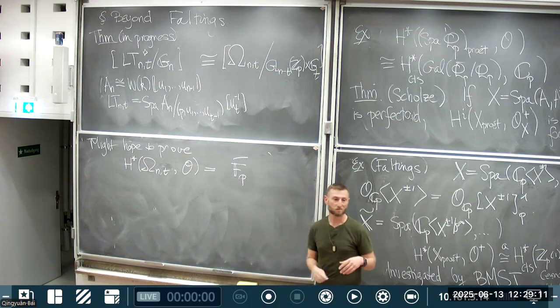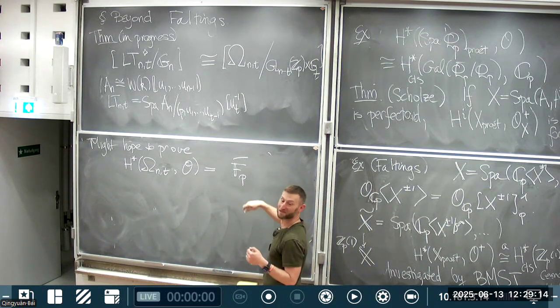Meaning no higher cohomology, and the zeroth cohomology is this constant, so just F_p bar.